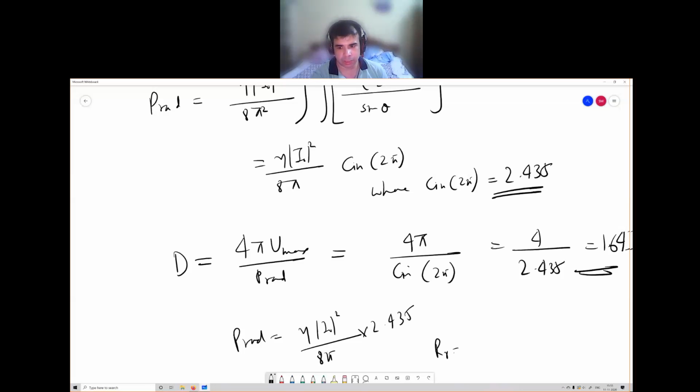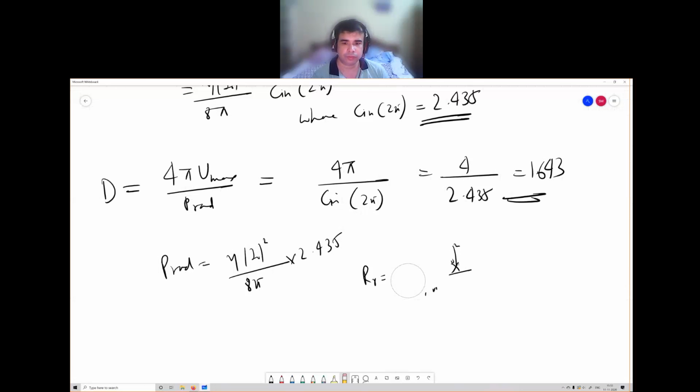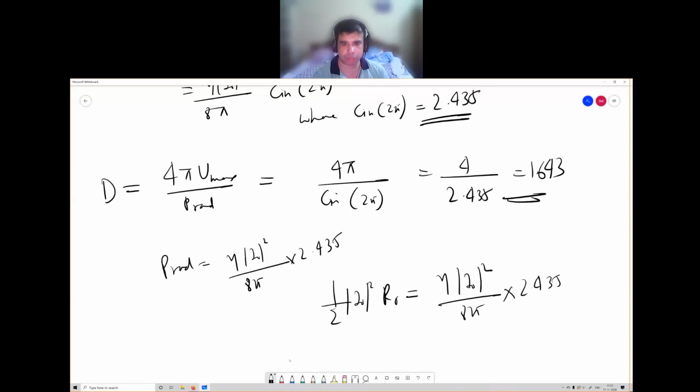Half I0 square R_r equals eta I0 square by 8 pi into 2.435.